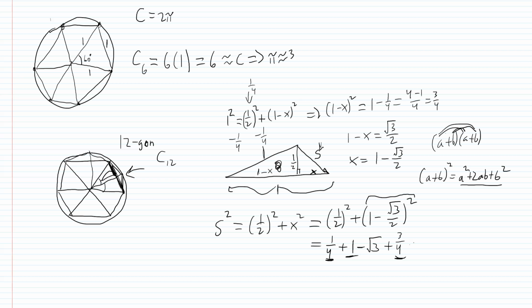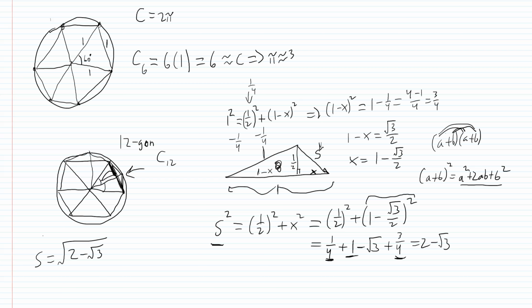Add it to the 1 I already have, and I get 2 minus square root of 3. And so that's what s squared is. Now to get s, we just take the square root. So it's the square root of 2 minus the square root of 3. So that's one side of our 12-gon.